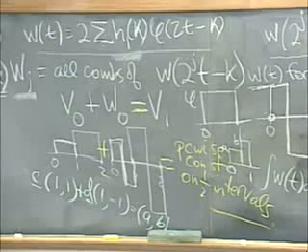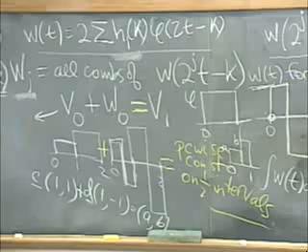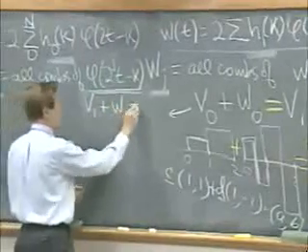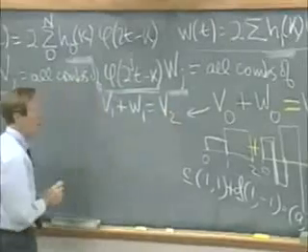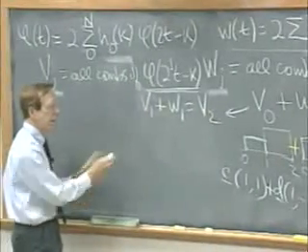So let's go recursively. Because V1 plus W1 will be V2. What does that mean?